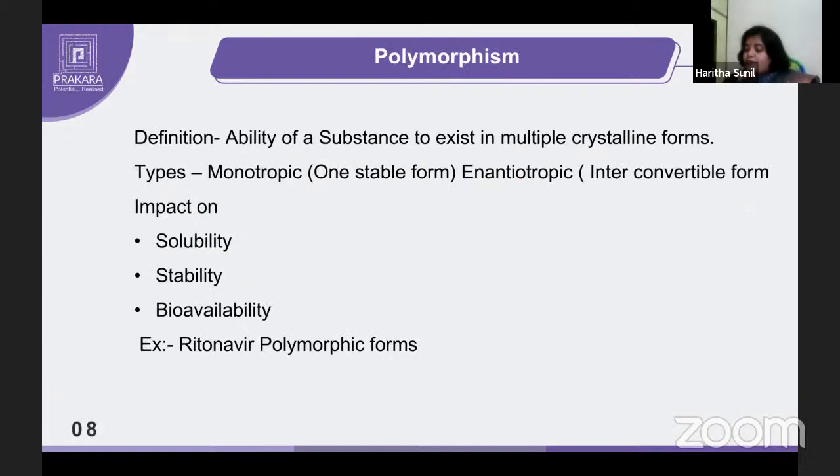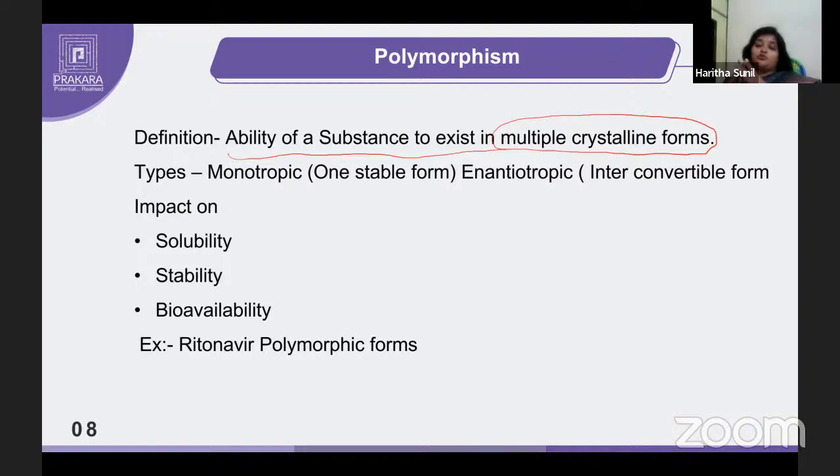So polymorphism is the ability of a substance to exist in multiple crystalline forms. That means polymorphism will be exhibited only by the crystalline forms, but not the amorphous forms. So simply saying, the ability of a chemical substance to exist in multiple crystalline forms, where each type of crystalline form has a distinct molecular arrangement as well as packing.